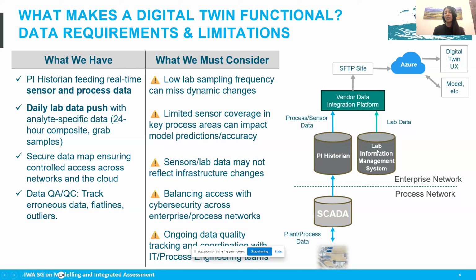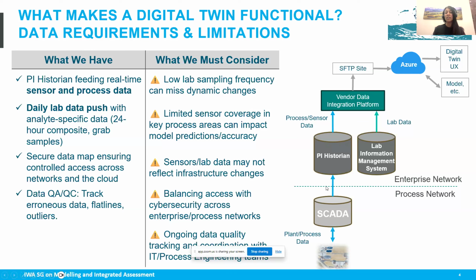The way that we initially implemented the digital twin, we had the vendor integration platform, which we're working with DHI, located in the process network, but we shifted gears towards having everything for the digital twin in the enterprise network, and then having data pushed to the cloud to be used on the digital twin user interface.